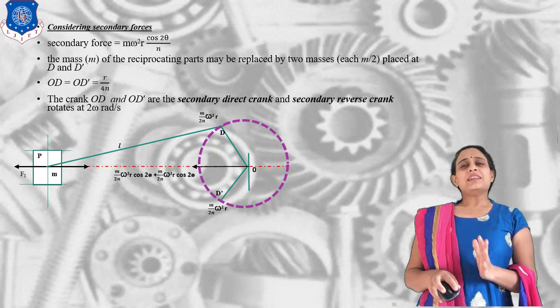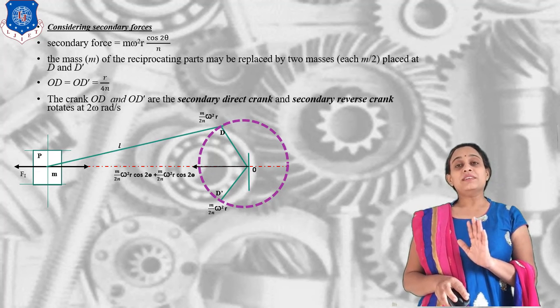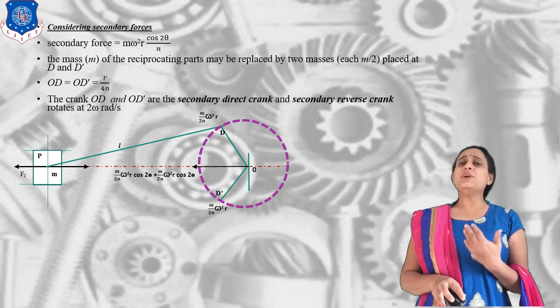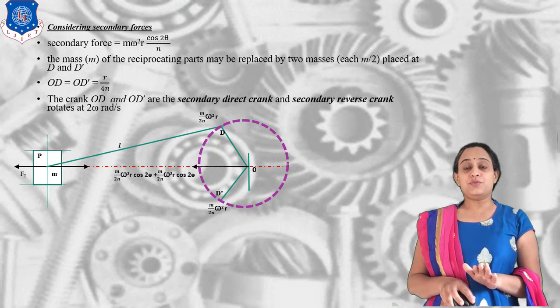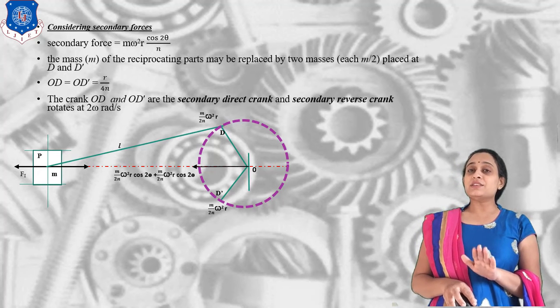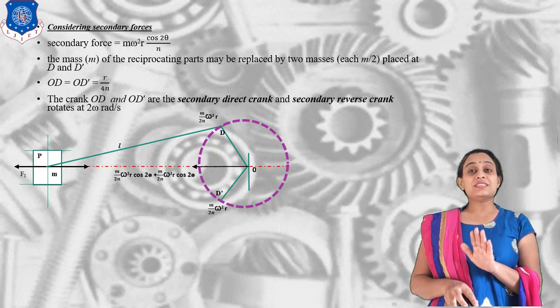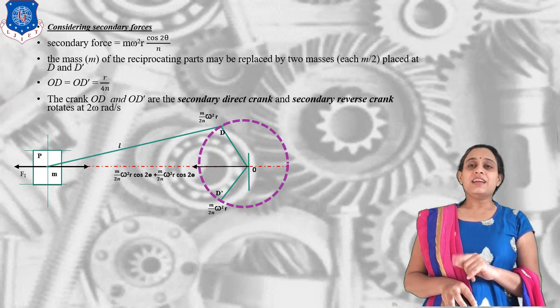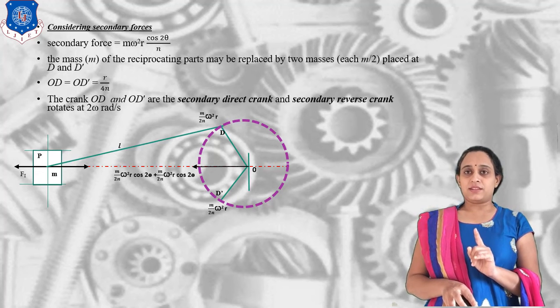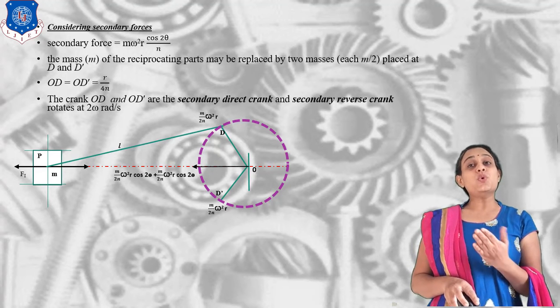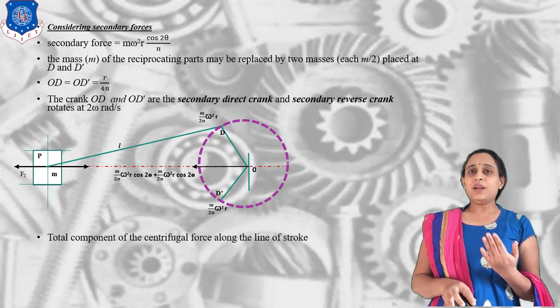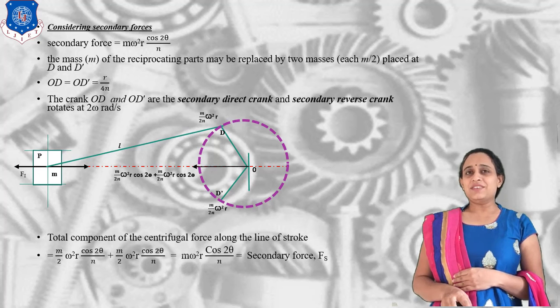Now, let us assume the length of the direct crank. As we all know, it is our reverse crank for the secondary force value. And what is the radius of the secondary force? As we have discussed in our inline engine, it is r by 4n. And what is the angular velocity? It is 2 omega, which is doubled. So now, let us solve our equation.